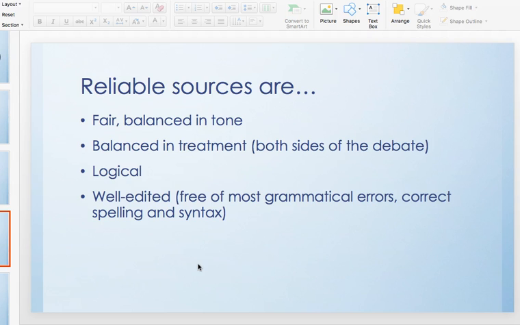In which case you can consider the fact that it's probably not very reliable or reputable, because most authoritative sources, most reputable sources will make sure that their papers and their content are well edited.